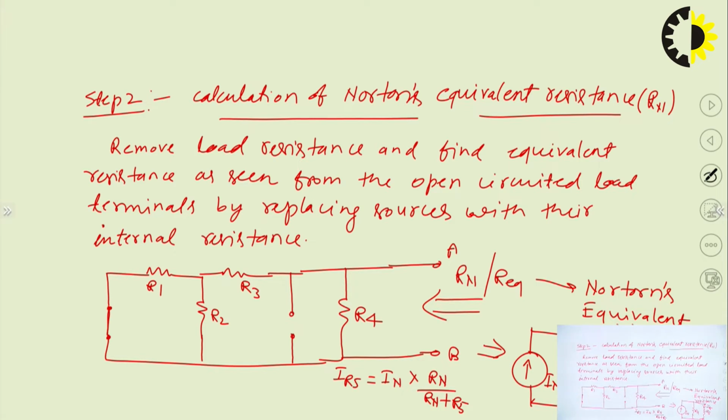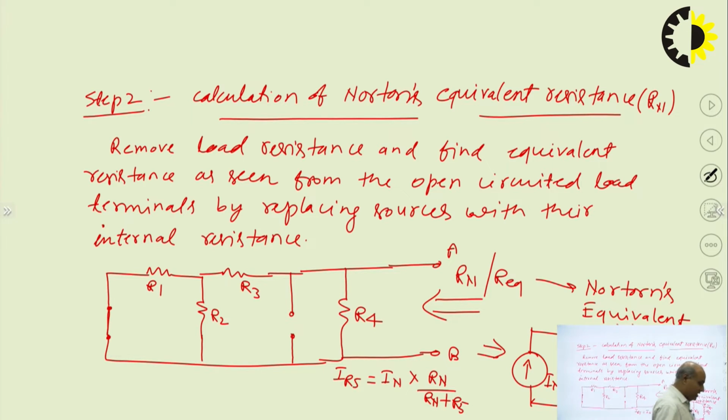So I hope the things are clear to you, and now we will take some examples or numericals to explain the concept further. How you can apply Norton's theorem in your circuits or networks, complex circuits. So the principle we have explained.